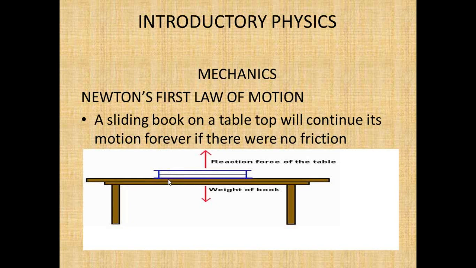The book is on the tabletop, and because the book is not going into the center of the earth, the book is stationary. The tabletop has to push up on the book with the same force as gravity is pulling the book downwards.